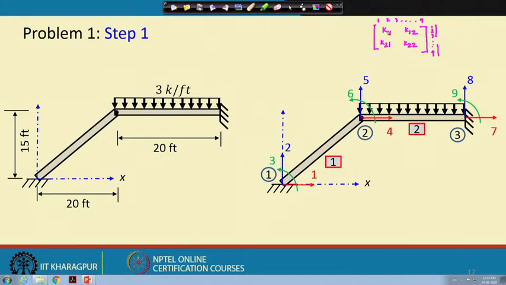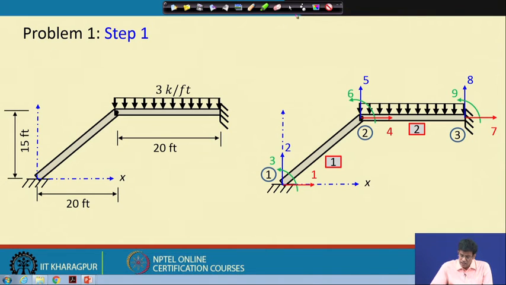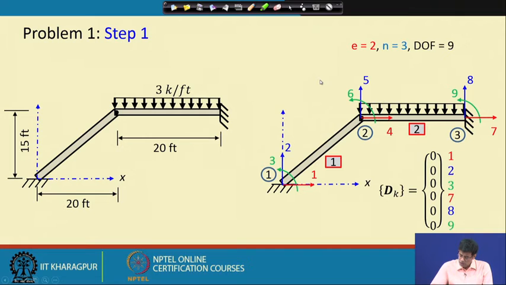So, instead of choosing this setup, suppose I choose it in a slightly different way, in this form.